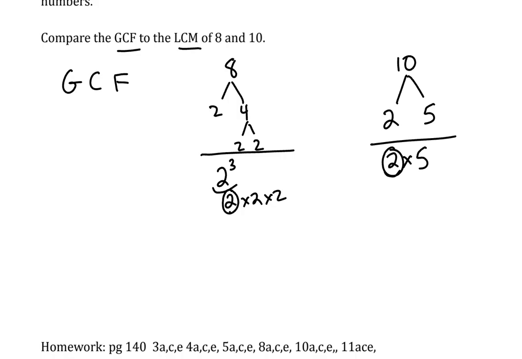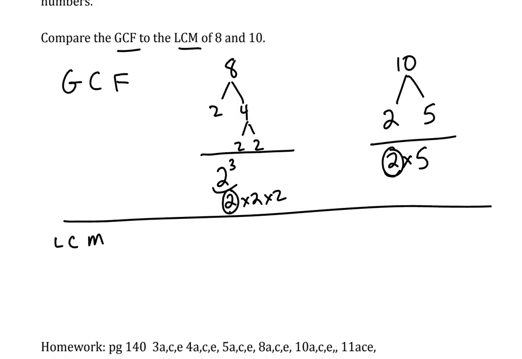What about lowest common multiple? Okay, so I'm just going to use the prime factorization again. I'm going to say 2 to the power of 3, and this one is 2 times 5. So we're going to say 2 to the power of 3. I don't have to repeat that 2 because it's already accounted for with that 2 to the power of 3.